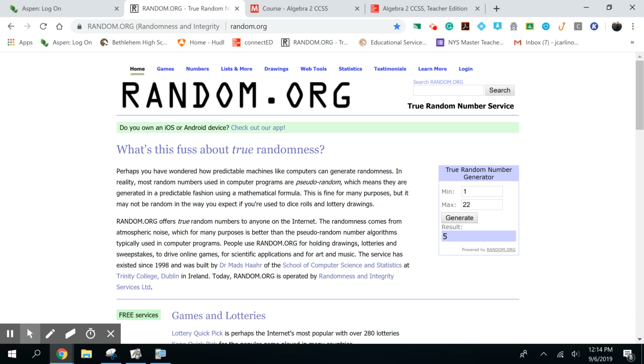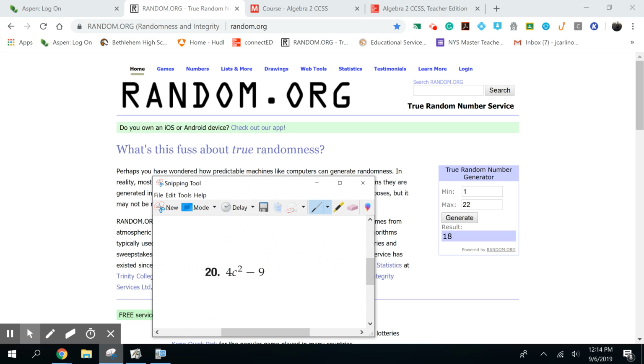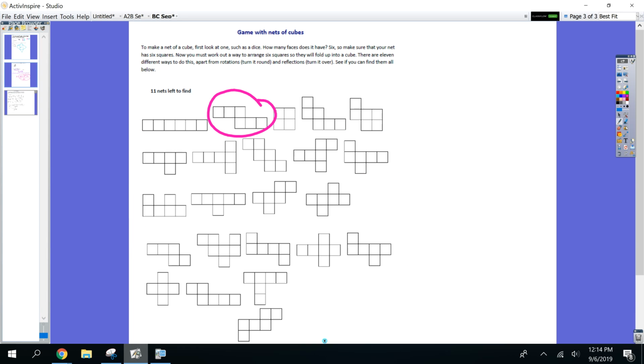Yep, generate a new one. The one to the left of the calculator. One job. One job.